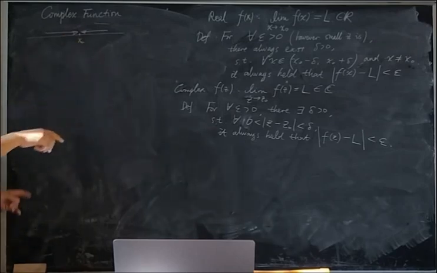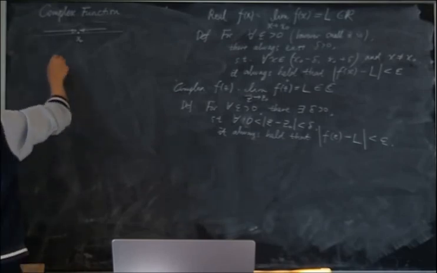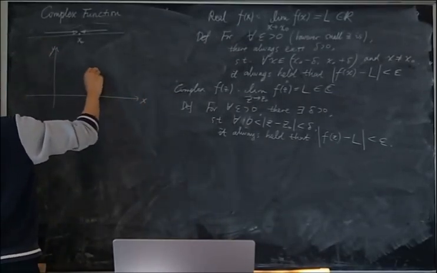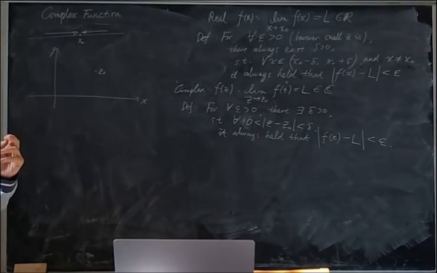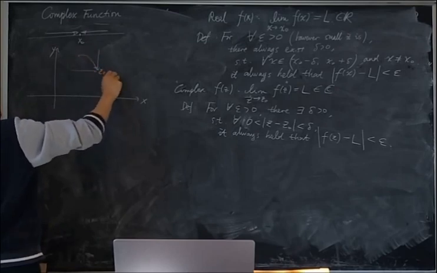Anyway, it has to be along the same line, along the real axis. But for complex functions, remember the complex plane, right? Your z naught might be here, and your z can approach z naught in many, many different ways. It could go like this, or like this, or even like this.